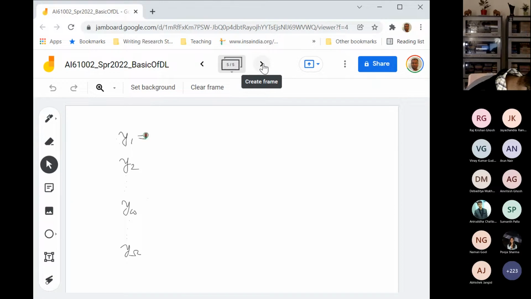This was getting written down as a multiplication of w1, which is a row matrix. So it has only one row and mn number of columns, multiplied by x, which was a column matrix, mn number of rows and one column, and there was a bias b1. Similarly, this thing was getting written like this.